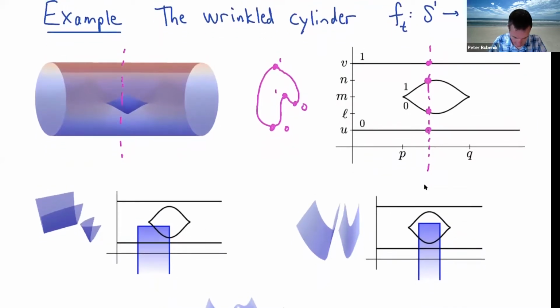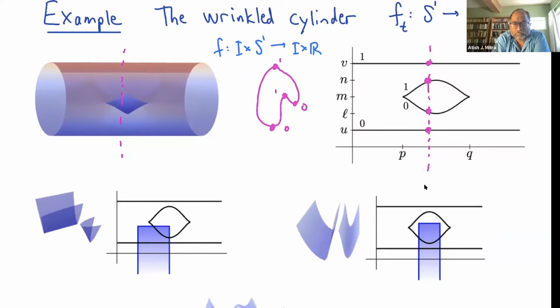So what we're really looking at here is we encode this as a fibered map. So it's I cross, sorry, in this case, S1 cross R. So we have a map from the cylinder onto the plane.